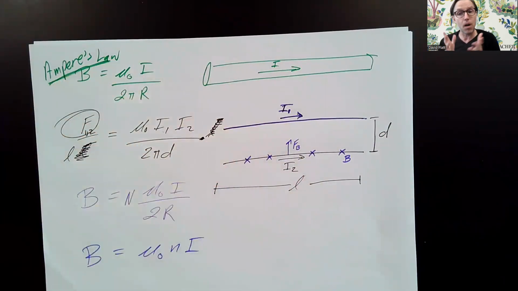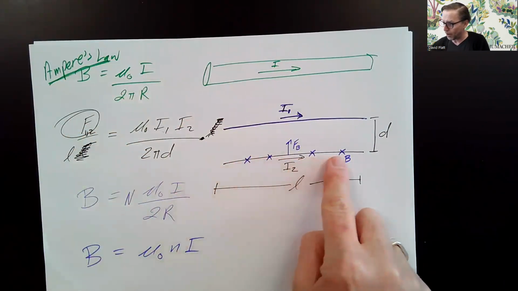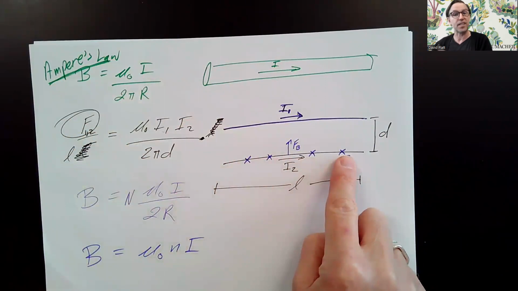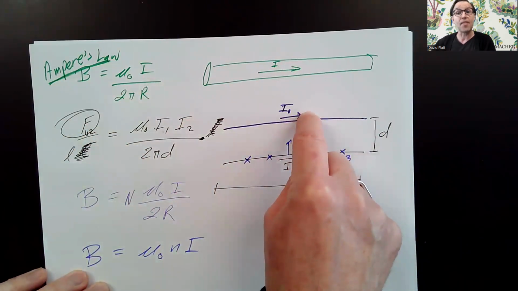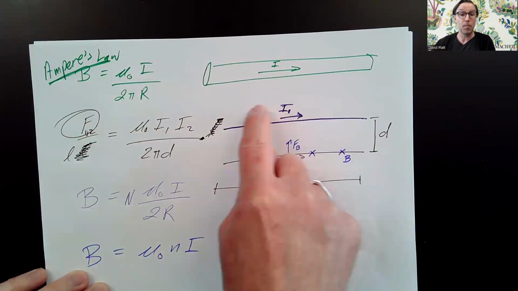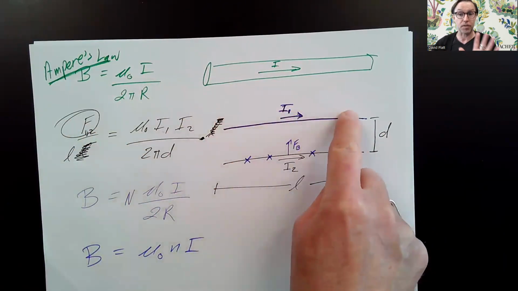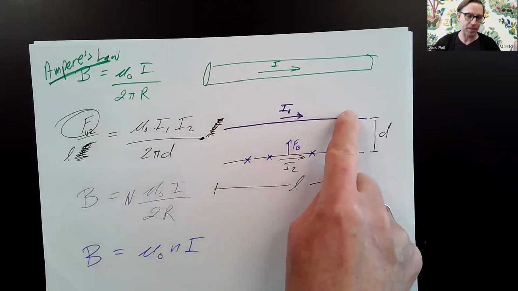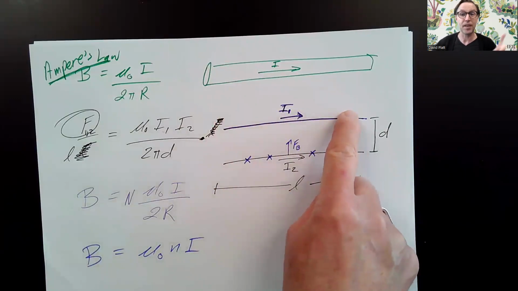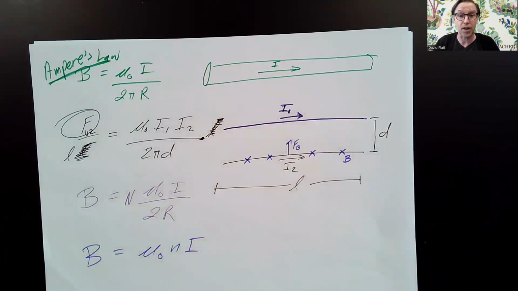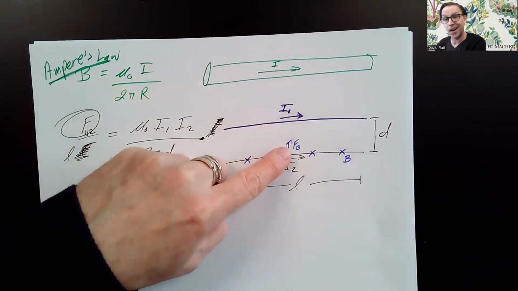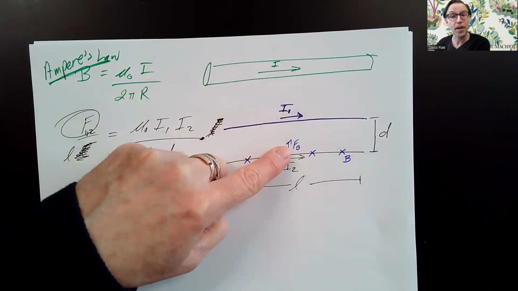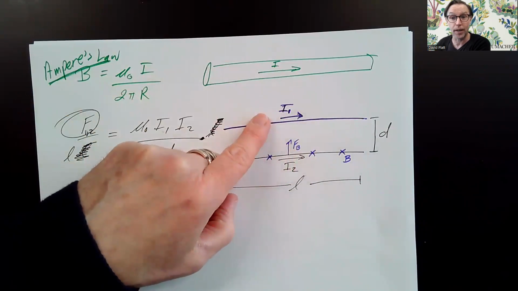Now we could do all of the same right-hand rule stuff. We could take this black wire here and say, what direction is the field that it creates at this location? And then what direction does that field push these moving charged particles? Feel free to do that on your own time, but I'm going to run out of time, so I'm not going to do it. I'm going to use Newton's third law. If wire 1 pushes wire 2 up, what direction does wire 2 push wire 1?